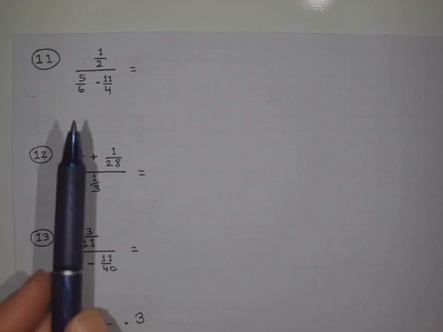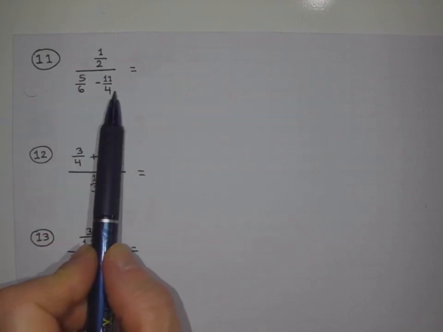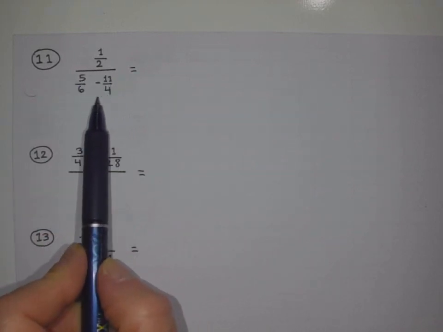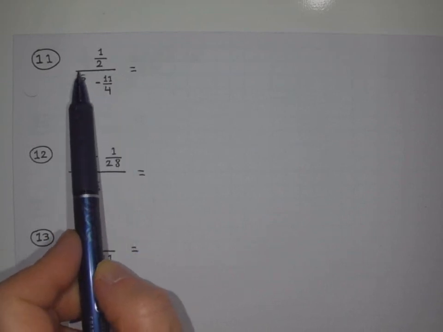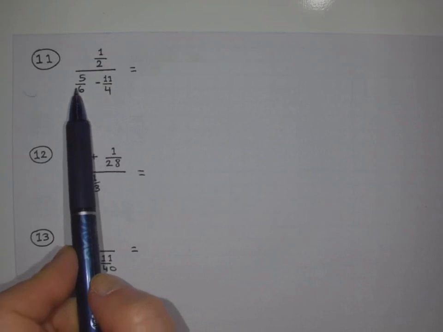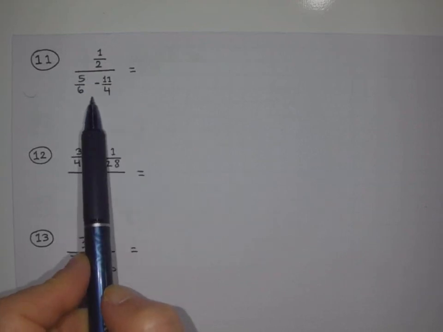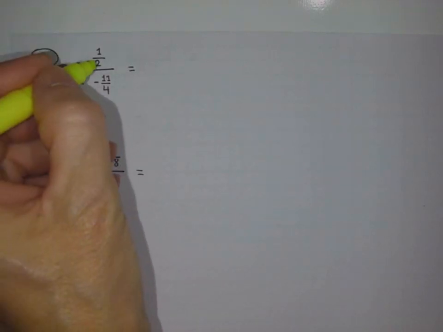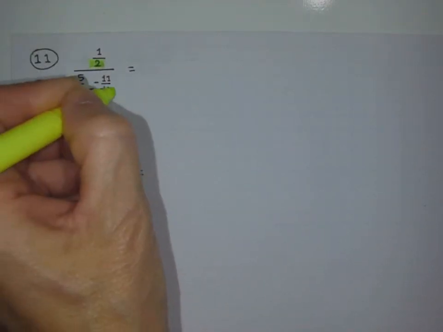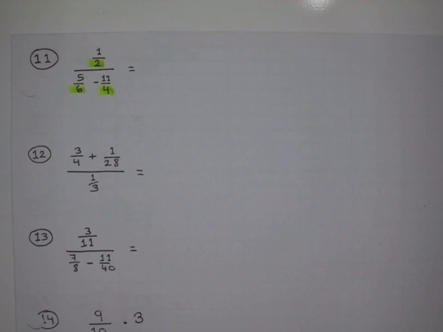You can find the common denominator between those two first and write that as one single fraction, and then you can change the division to a multiplication and then flip that fraction you would have down here. Or you can ask yourself, let's see if I can find the highlighter here. I can say, what do all of those denominators have in common? What would be my least common multiple?